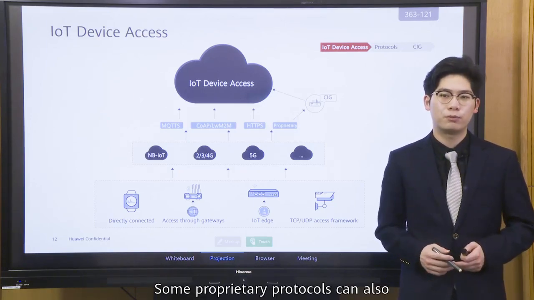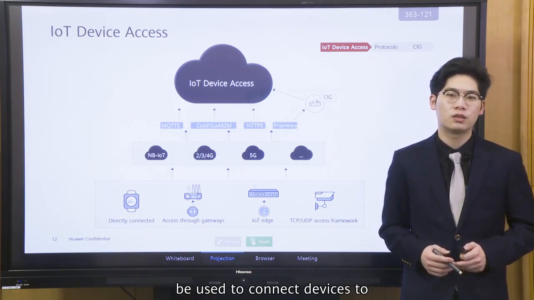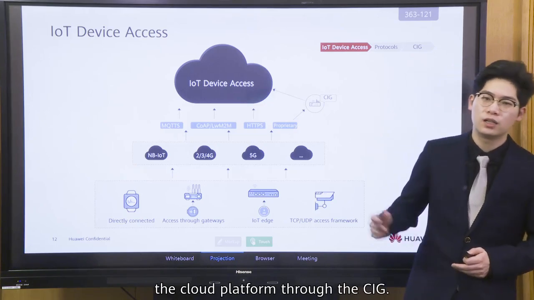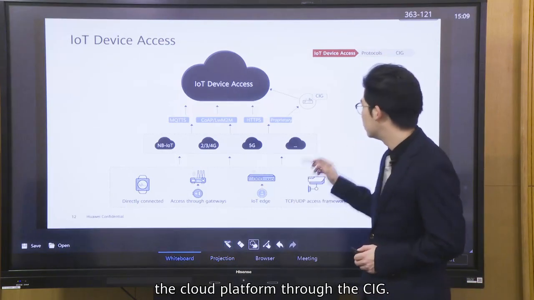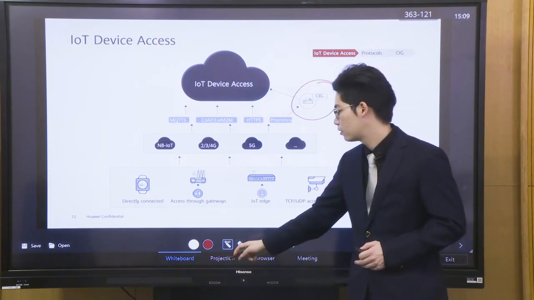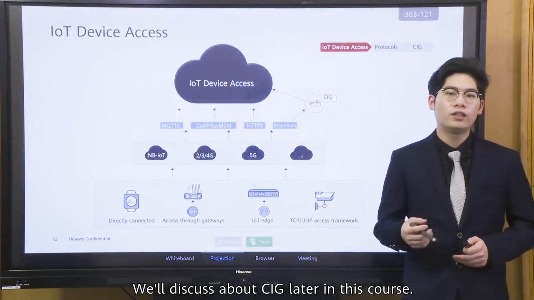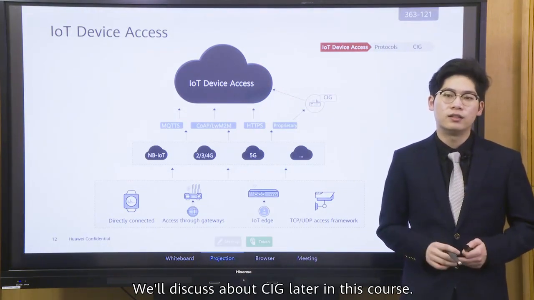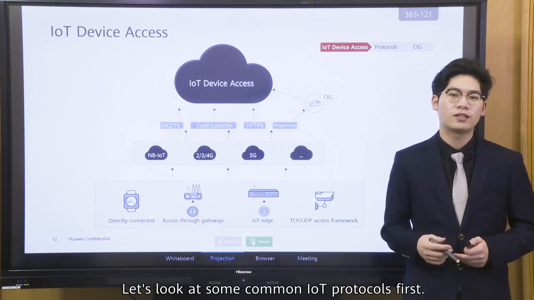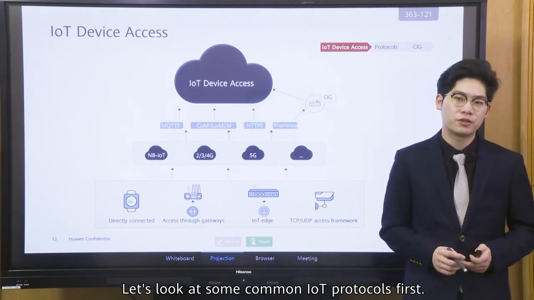Some proprietary protocols can also be used to connect devices to the cloud platform through the CIG. We will discuss CIG later in this course. Let's look at some common IoT protocols first.